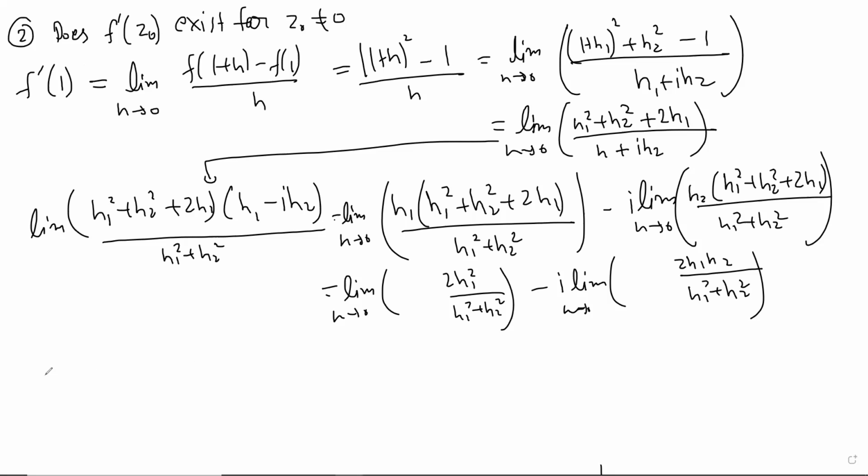So let's think about that. Can you make this tend to different places by taking different rates of going to 0? Let's just focus on the first part and see.